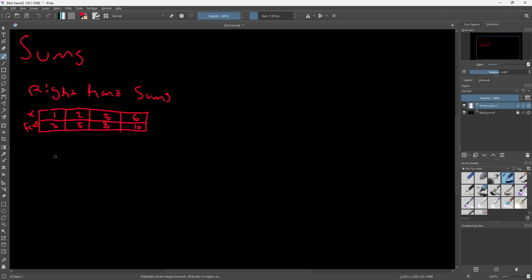So the right-hand sum is taking the right endpoint of each subinterval. So here our interval is 1 to 6. And we have 3 subintervals, so 1 to 2, 2 to 5, and 5 to 6.